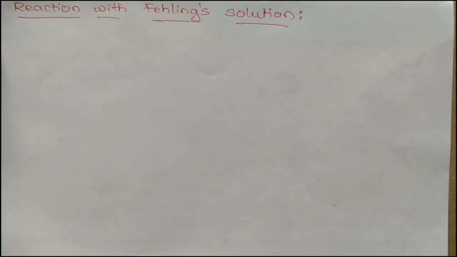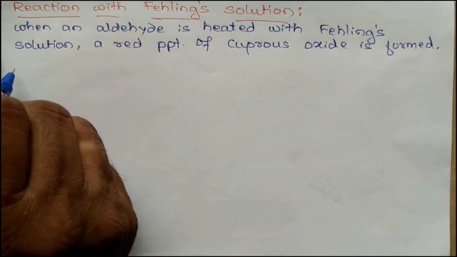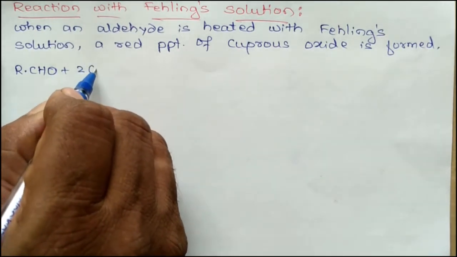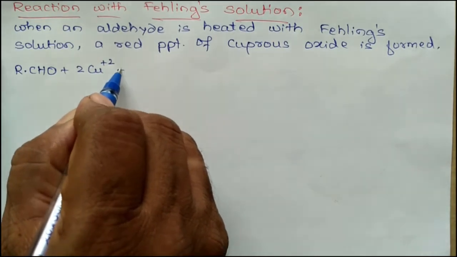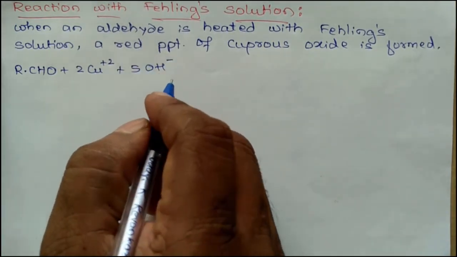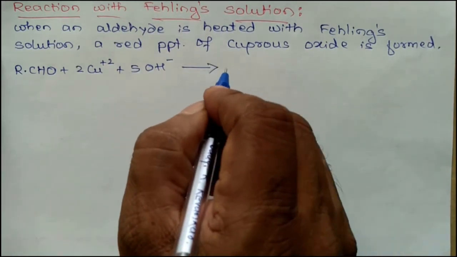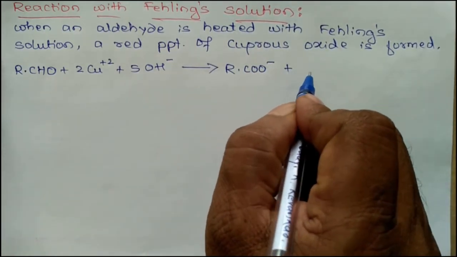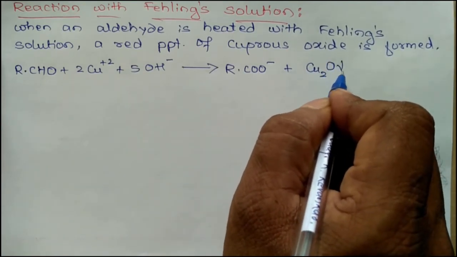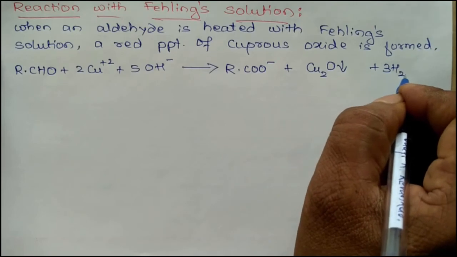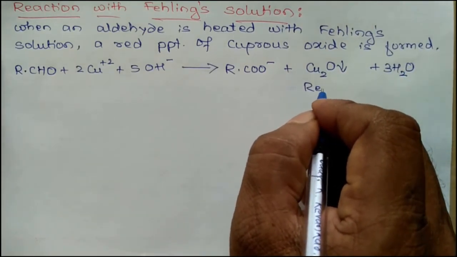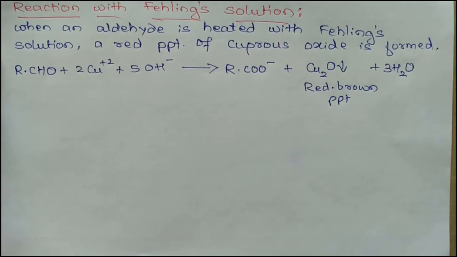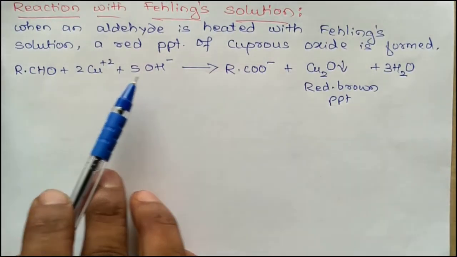The reaction: RCHO represents the aldehyde, plus Cu2+ ions present in Fehling's solution, plus 5OH minus ions, gives RCOO minus, the carboxylate anion, plus a red precipitate of cuprous oxide, plus 3H2O. This is a reddish brown precipitate.